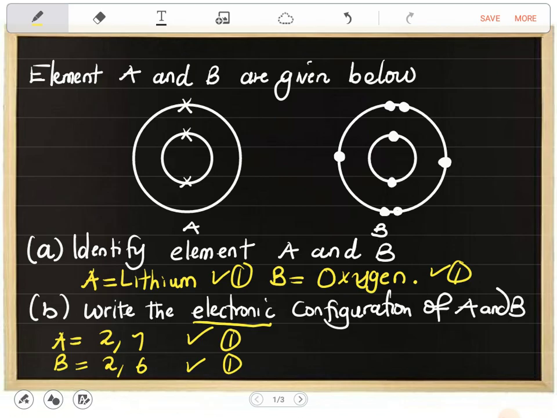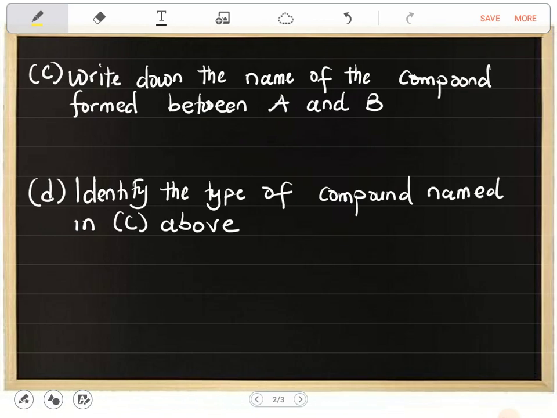So when we combine lithium and oxygen, we are likely to form a compound called lithium oxide. That's the name they want. So lithium oxide. They did not say write the formula. No. They said write down the name.